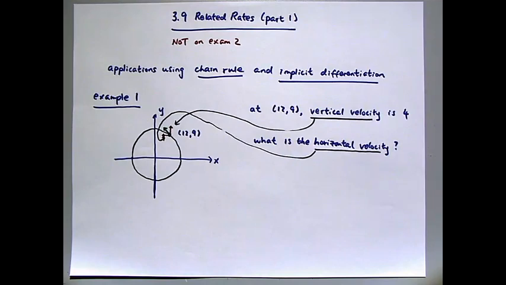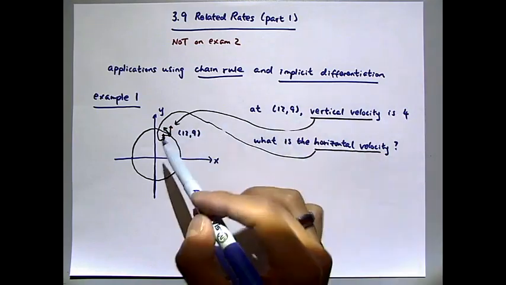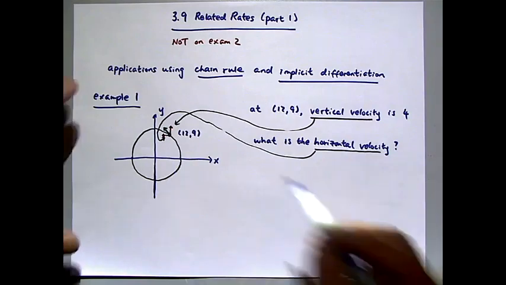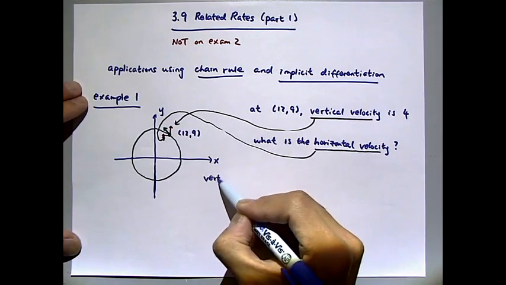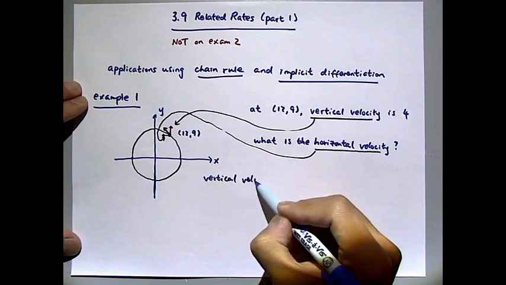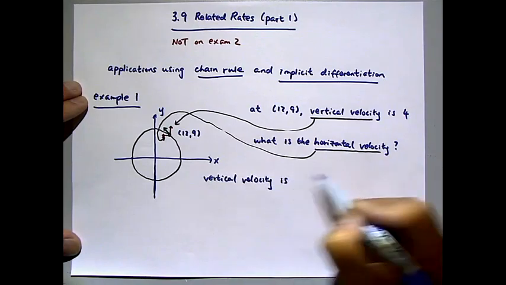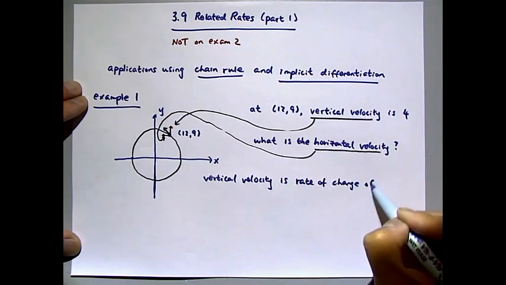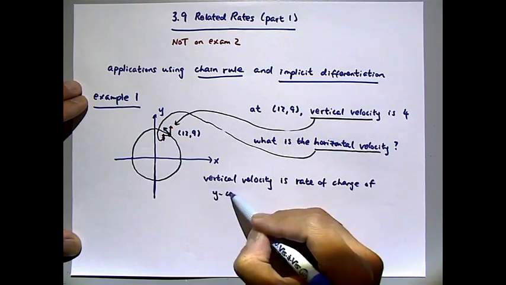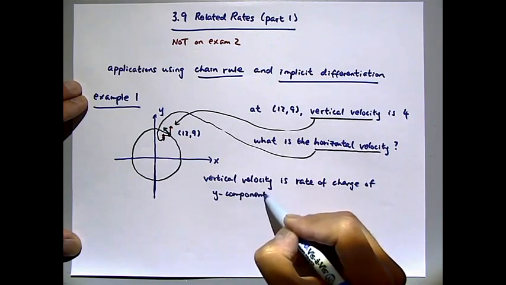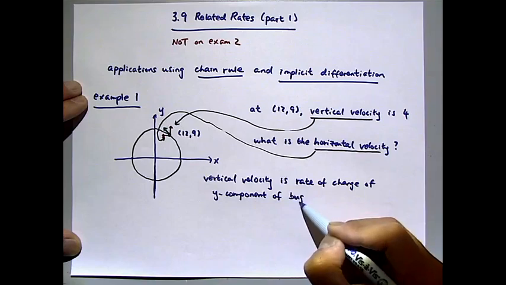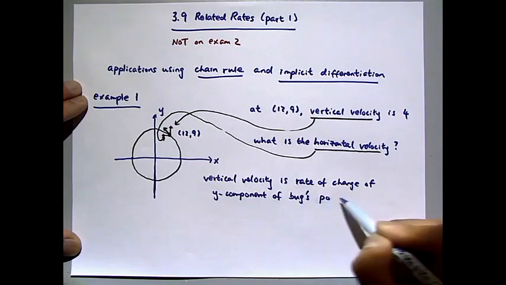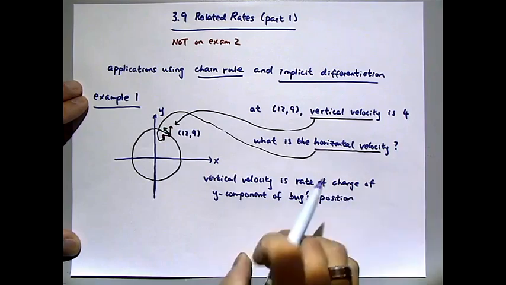Okay, does that make sense what's going on here? Yeah? Okay. If the vertical velocity is 4, that means it's the rate of change of the y component of his position, of where that bug is.